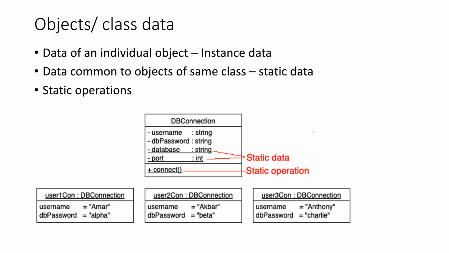A typical usage of such static operations and static data will be for util kind of functionality, where it's just a utility, maybe a validation of a very specific string so that it is only alphanumerical. Now it is not a property of any specific object, but a common functionality required across the application.